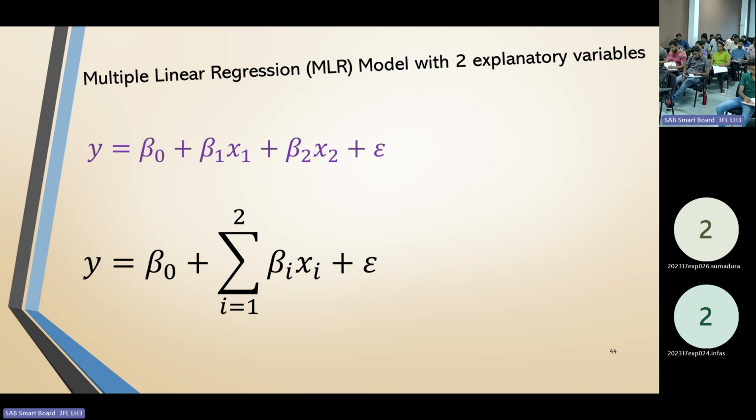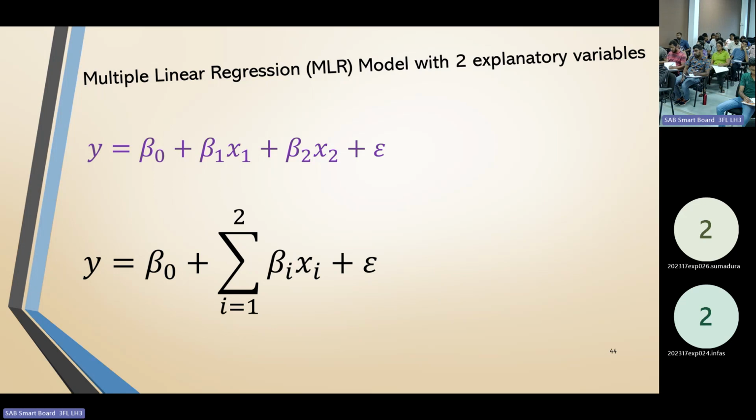If you want, you can put the same thing using the sigma notation, but it is not needed because this is not that lengthy. How many unknowns are there in this case? Three unknowns: beta naught, beta 1, beta 2.